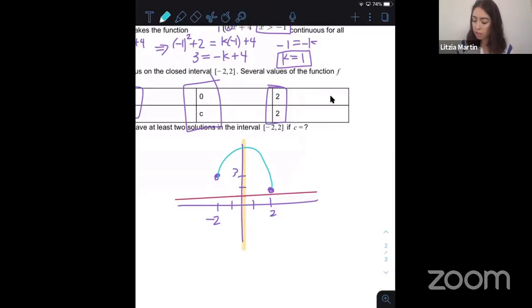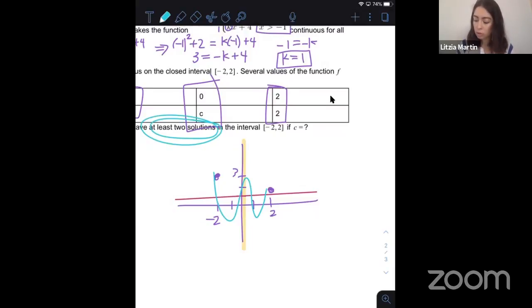It could be something like that, and in that case, it crosses through that line twice, so we have at least two solutions. It could get crazy, so that would be more than two solutions. This is 1, 2, 3, 4 solutions. But it's at least two, which is what they want us to figure out.